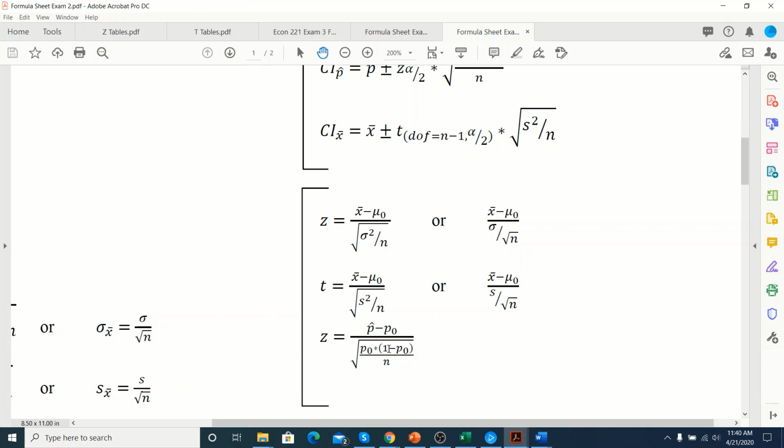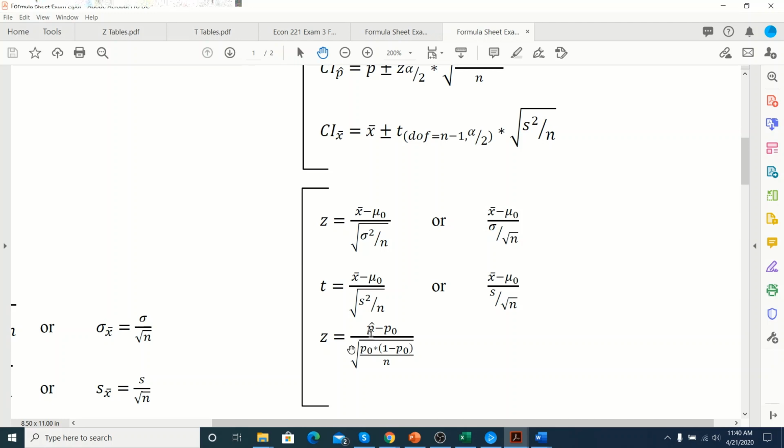But notice that denominator, remember, represents standard deviation. So this is the standard deviation of a sample proportion. This is the standard deviation of a sample mean with only a sample variance. This is the standard deviation of a sample mean with a population variance. So standard deviations are always positive, so the sign of your numerator tells you the sign of your test statistic.